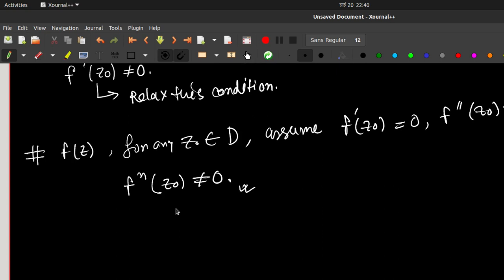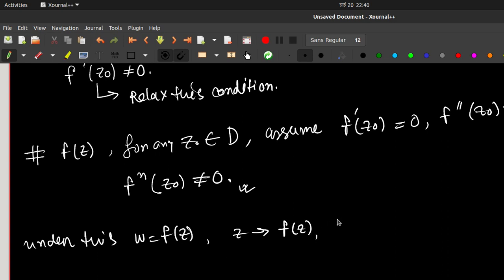So what happens when you try to map something from the z to the w plane and you have this in your pocket? That means the derivatives up to order n minus 1 are all 0. We want to show that under this mapping w equals f of z, where z goes to f of z, the mapping will magnify the angle between two intersecting differentiable arcs that meet at z naught, n times.